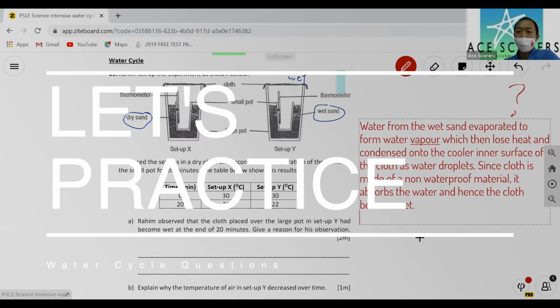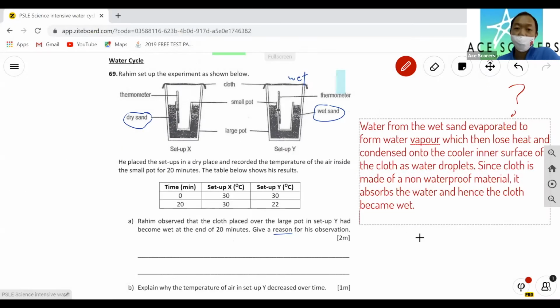Okay, so let me explain what's going on here. For this question, because the sand is wet, we start with the wet sand. So the beginning is about the sand, which is wet. It evaporated to form water vapor.